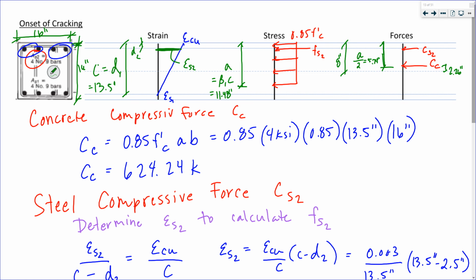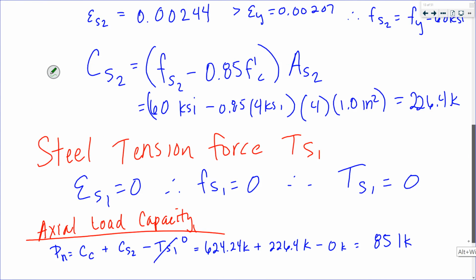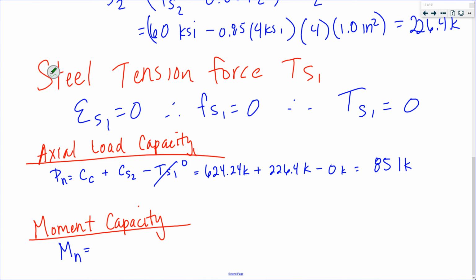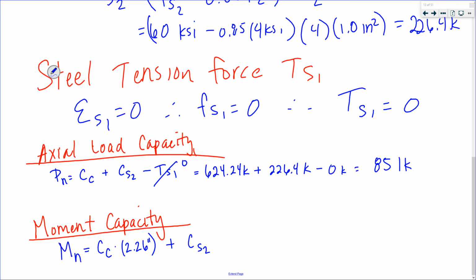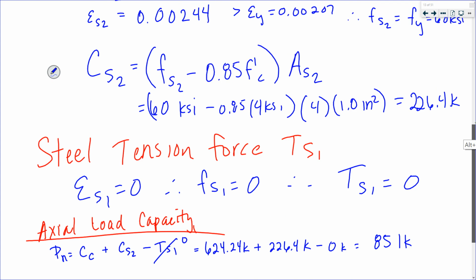So Cc, 624.24 kips, Cc times 2.26 inches, plus my steel force.